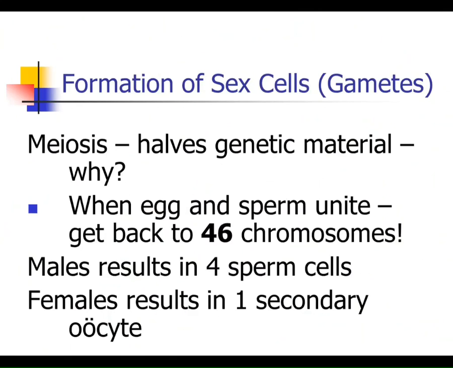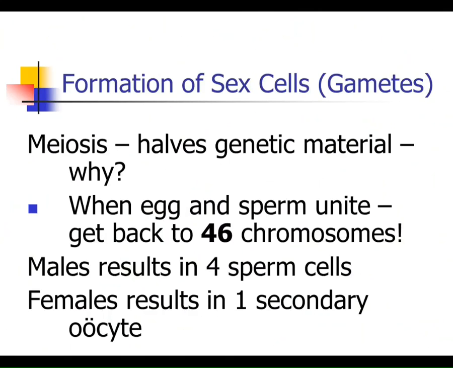The reproductive systems are in place, really, for the formation of the sex cells, or the gametes. In order to make the gametes, the cells have to undergo a special process called meiosis. Meiosis is a situation where you're cutting in half the amount of genetic information.